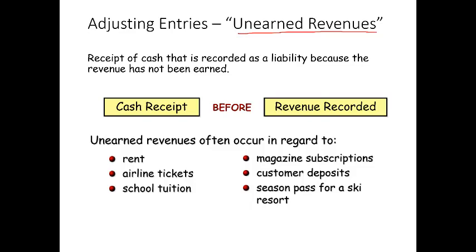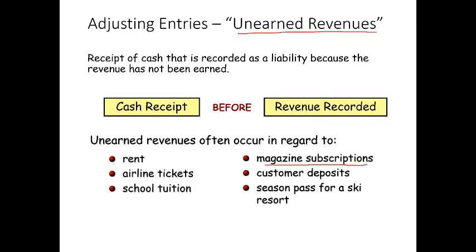I guess that's the one we have here as an example. Magazine company, and all your customers are prepaying you, and now you have to provide that magazine for an entire year. So we can't record the revenue immediately just because we've received the cash. We actually have to do something to earn that revenue.